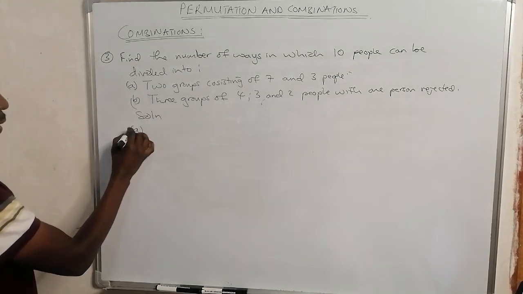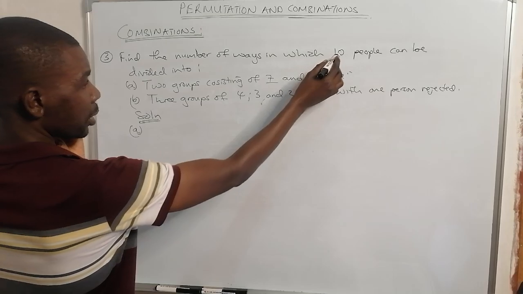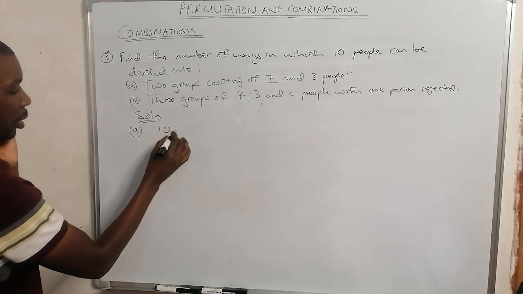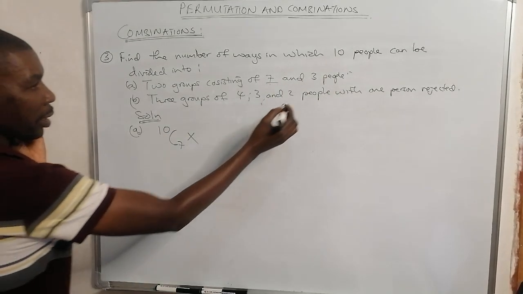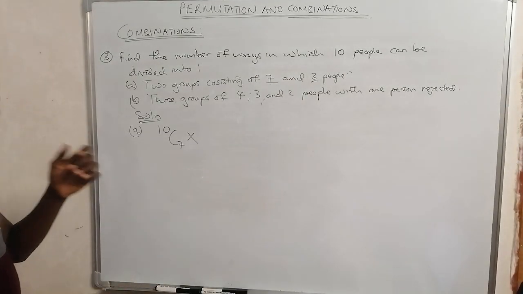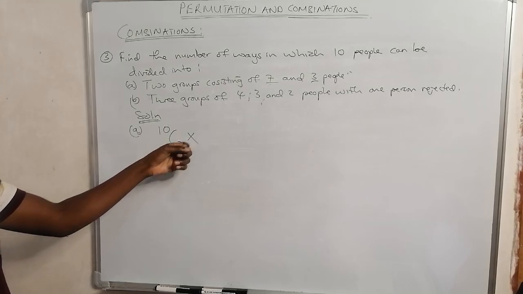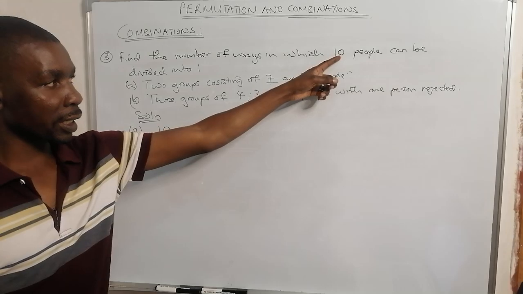Solution A. Find the number of ways in which 10 people can be divided into 2 groups consisting of 7 and 3 people. So first one is 10 choose 7, multiplied by, for the 3 people, we have already used the 7 out of the 10.